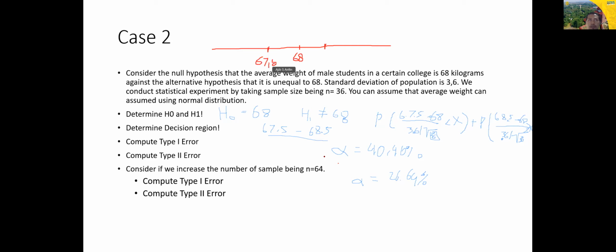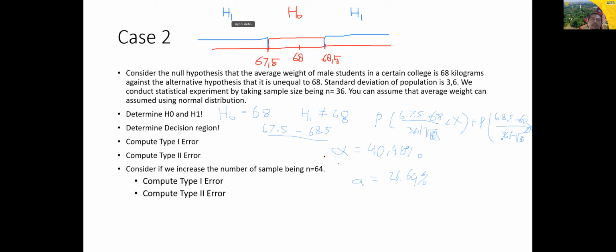This is according to group 2. So this is the area of the null hypothesis, and this is the area of the alternate hypothesis.